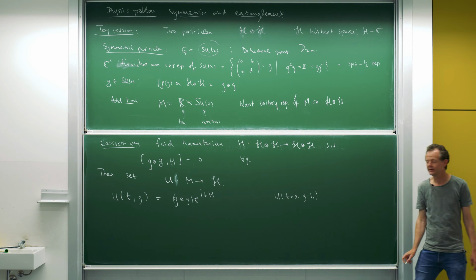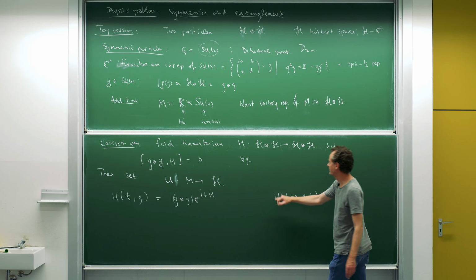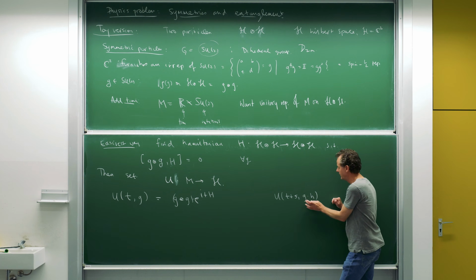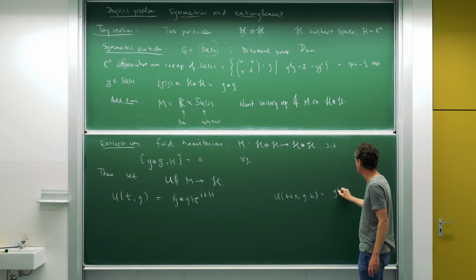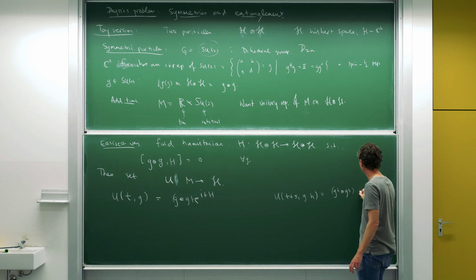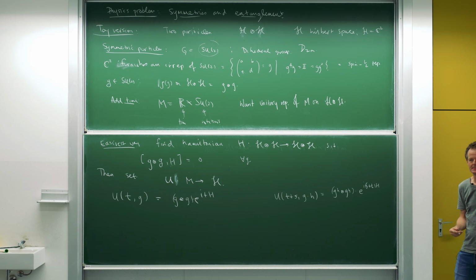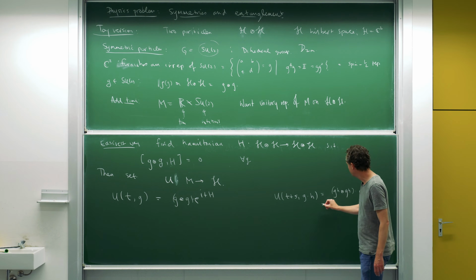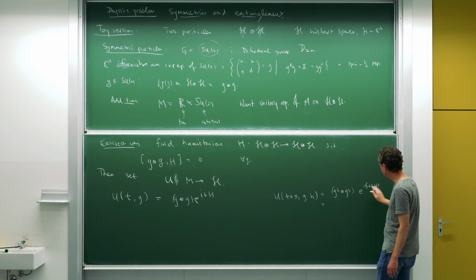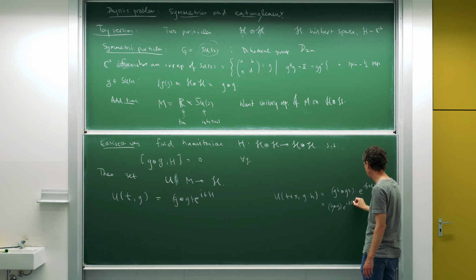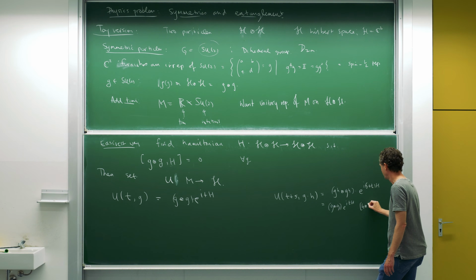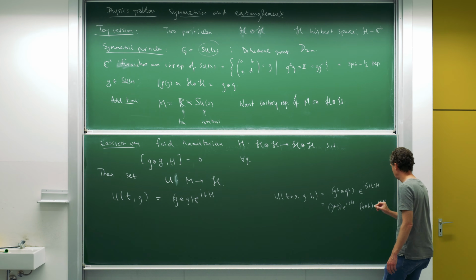So what happens if I try and find the unitary representation of translating a bit more and doing a second rotation? Well, according to the definition right there, that's gh tensor gh multiplied by e to the i (s plus t) H. But this H commutes with g, so this factorizes into the product of the two representations.